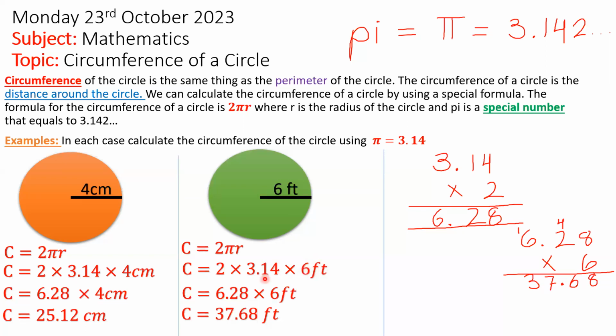Then we multiply 2 times 3.14, which is 6.28. Then we multiply 6.28 by 6 feet. 6 times 6.28 gives us 37.68 feet. That's how we get 37.68. Does that make sense? Yes, sir. Thank you. Okay, that's fine.